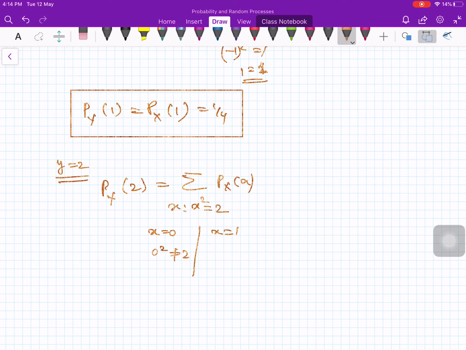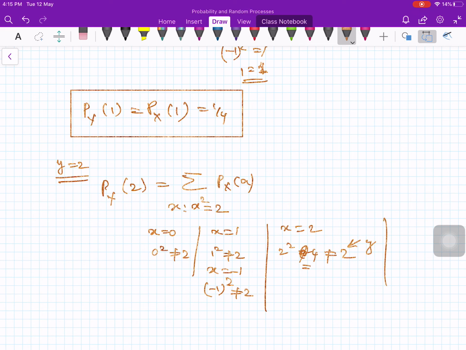When x equal to 1, 1 squared is not equal to 2. When x is equal to minus 1, minus 1 the whole squared is not equal to 2, leave it. When x equal to 2, 2 squared becomes 4, and 4 is not equal to 2, which is my y value. So this condition is also not satisfied.